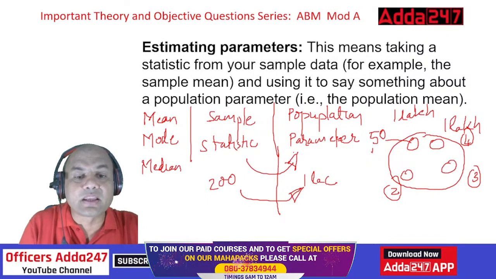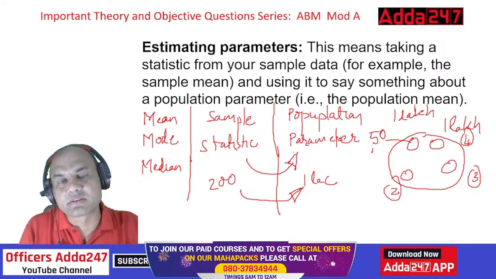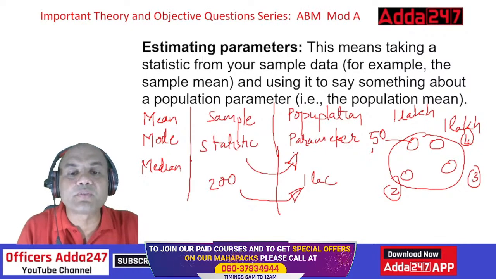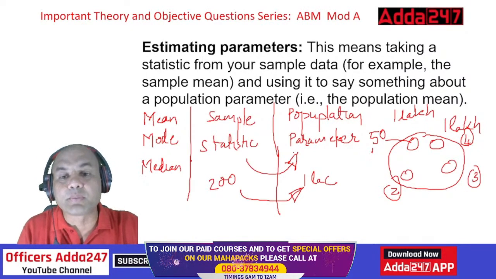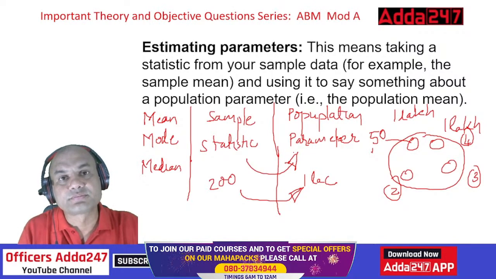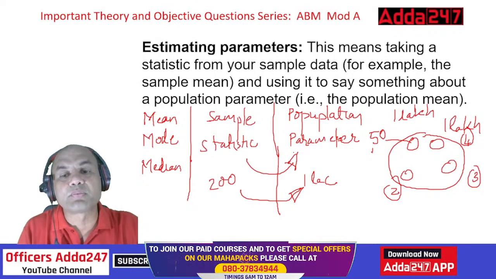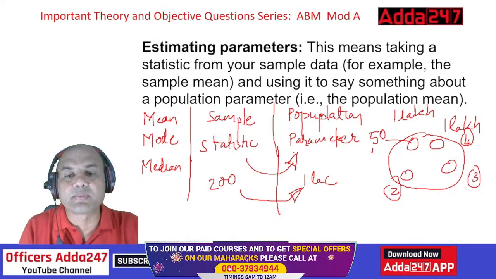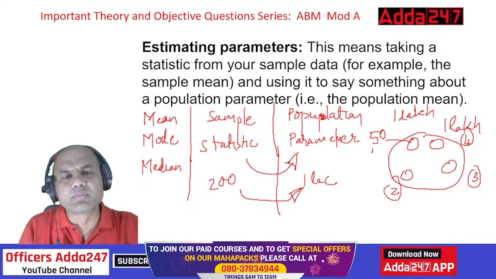These are the 3 main points we always find out about a sample or population. If I find the mean of a sample, it is called a statistic. If I find the mean of a population, it is called a parameter. Similarly, the mode of a sample is called a statistic, and the mode of a population is called a parameter. Similarly, median. How do we find this mean, mode, median?